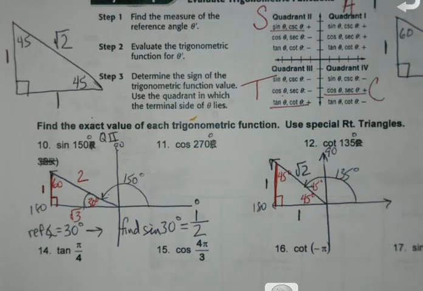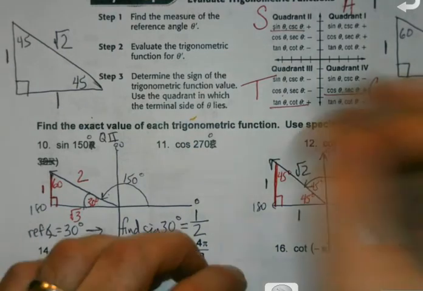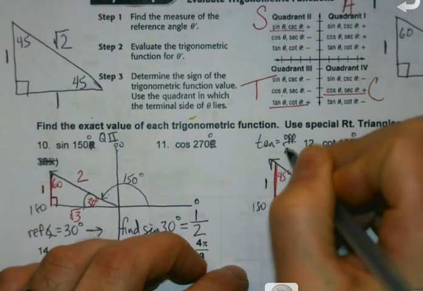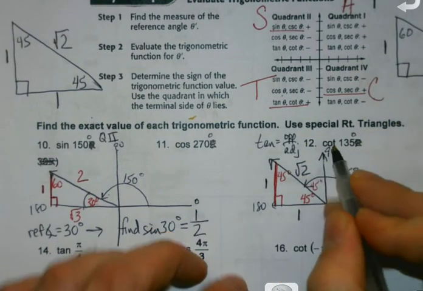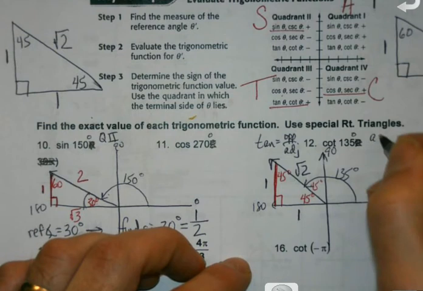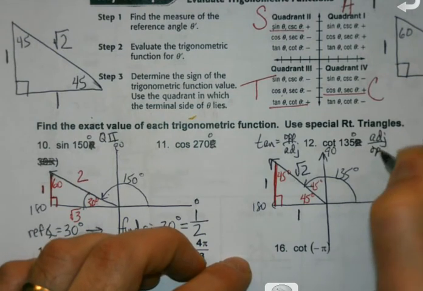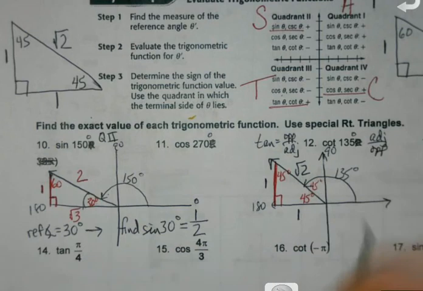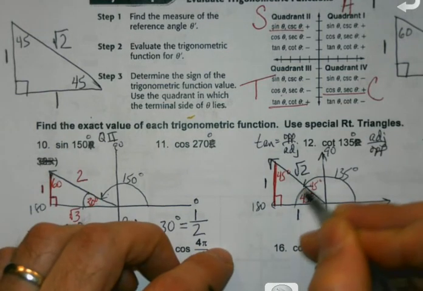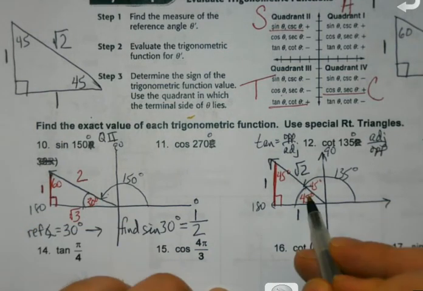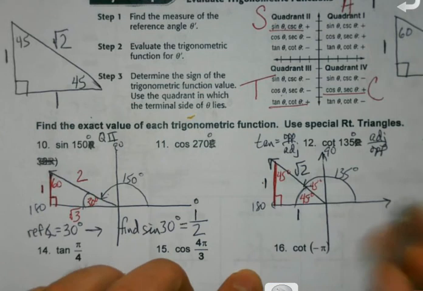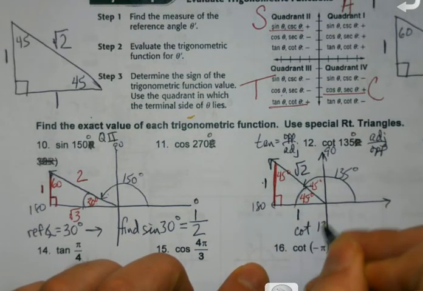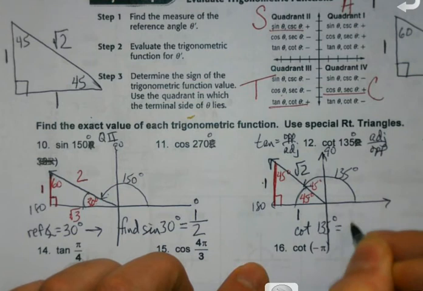Tangent is opposite over adjacent. So cotangent is adjacent over opposite. Well, is that really going to matter? Here's my angle I'm using. Adjacent over opposite. So the cotangent of 135 is 1 over 1, or 1.